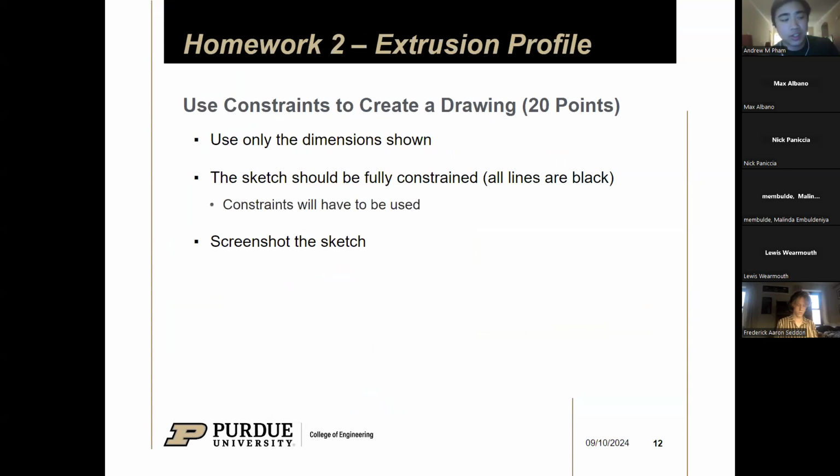Extrusion profiles like these are pretty common when you're making things. If any of you have an Ender 3 3D printer, it's made out of this stuff. Actually, here, I can grab one real quick. One second.